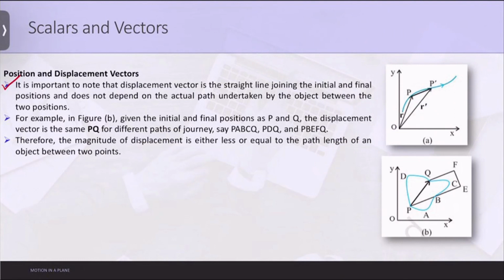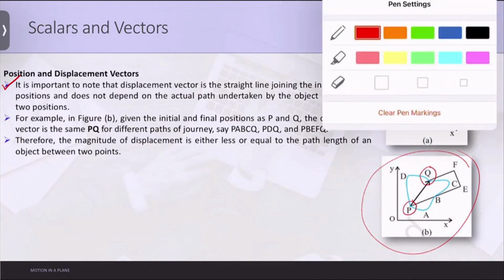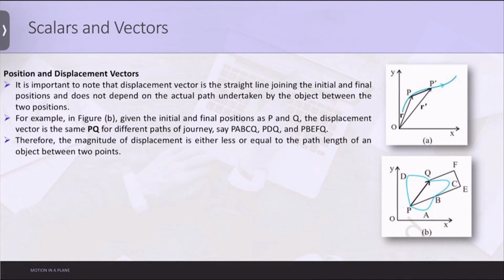For example, please look at figure B here. Given the initial and the final positions as P and Q, we know that this is the initial position and this is the final position. The displacement vector is the same, PQ, for different paths. So either we go in, let's say, these paths. What is the first path given? It is PABCQ.